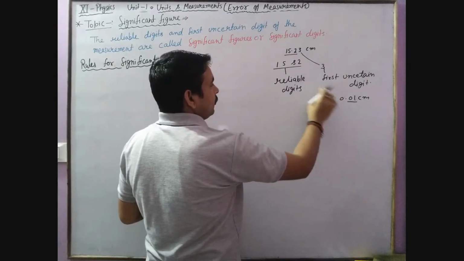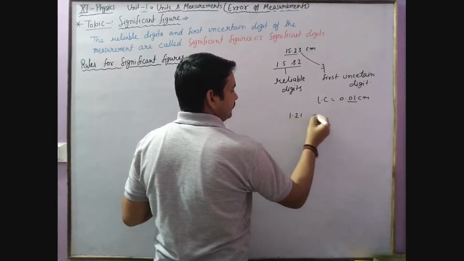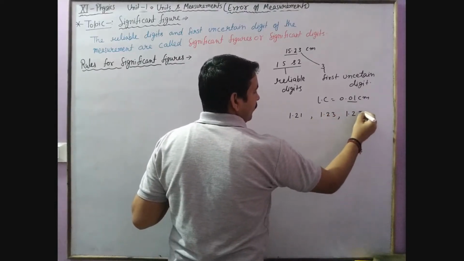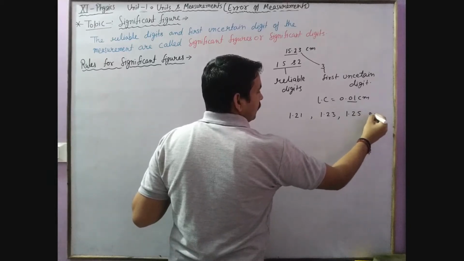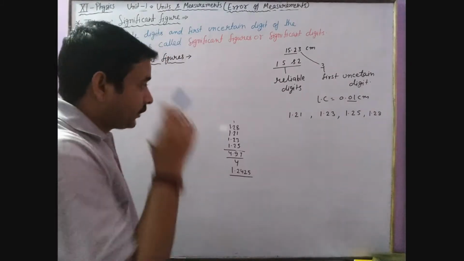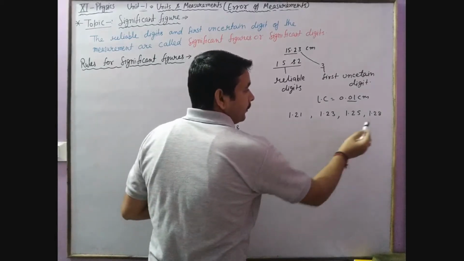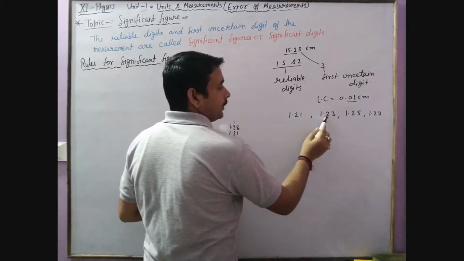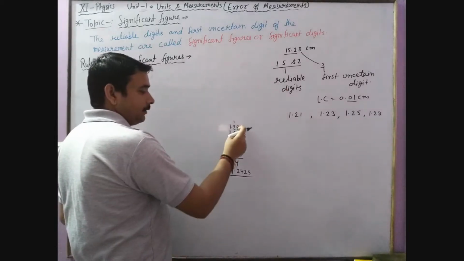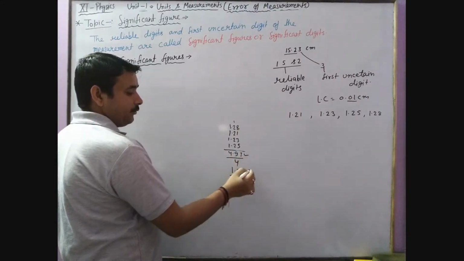Okay, therefore if we measure 1.21, 1.23, 1.25 and so on, when we find their result, so students, here four measured values are 1.21, 1.23, 1.25 and 1.28. When we get their sum, we get this, and then after that the average value is this.